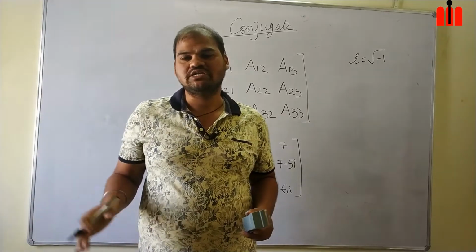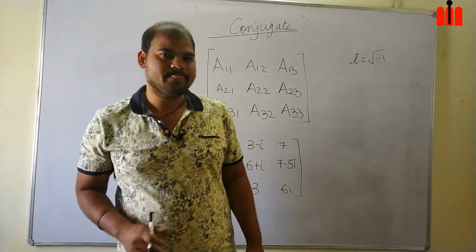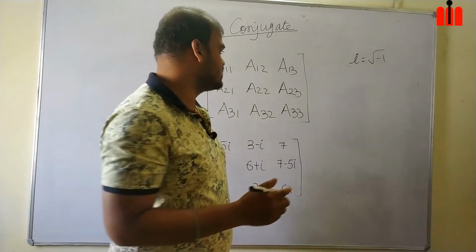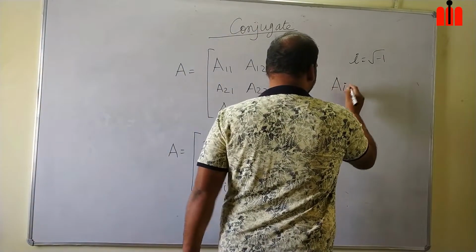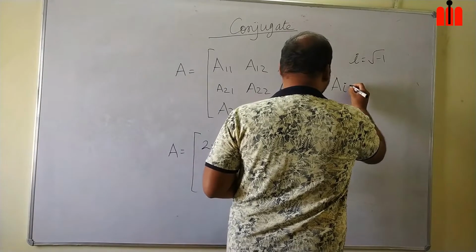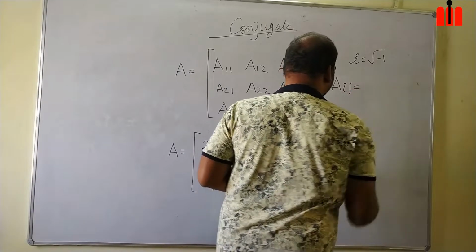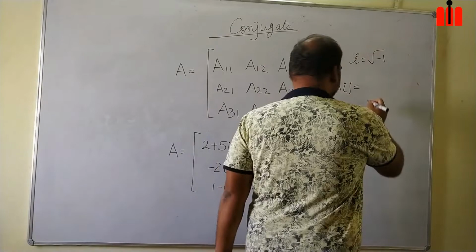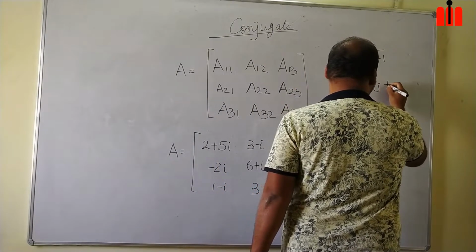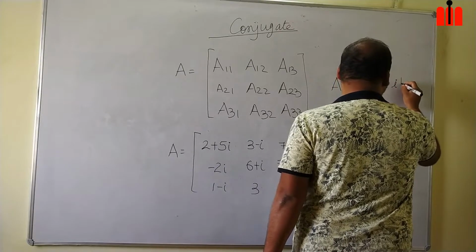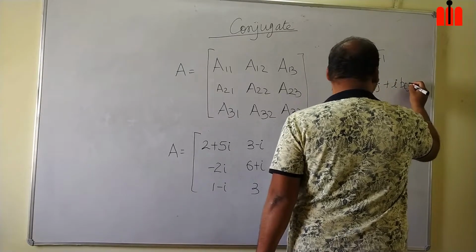This combination is termed a complex number. Now you can go through my complex number classes. So what I told is that any aij element will be represented by aij plus i into bij.